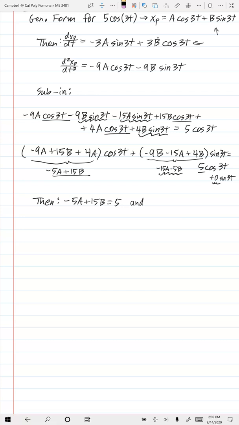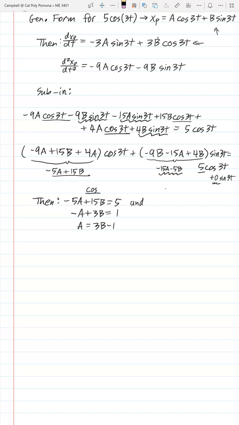That's a pretty obvious common factor for all of the coefficients. So negative a plus 3b is equal to 1. And then last but not least, here I'll just solve for a. So a is equal to 3b minus 1. So this is from our cosine side.